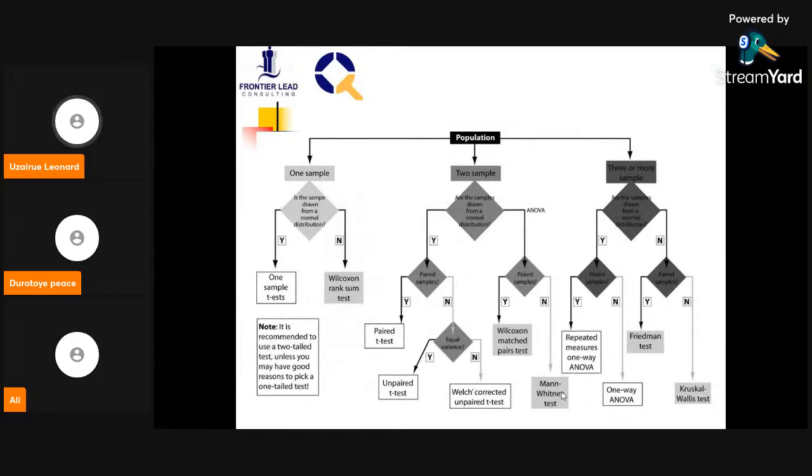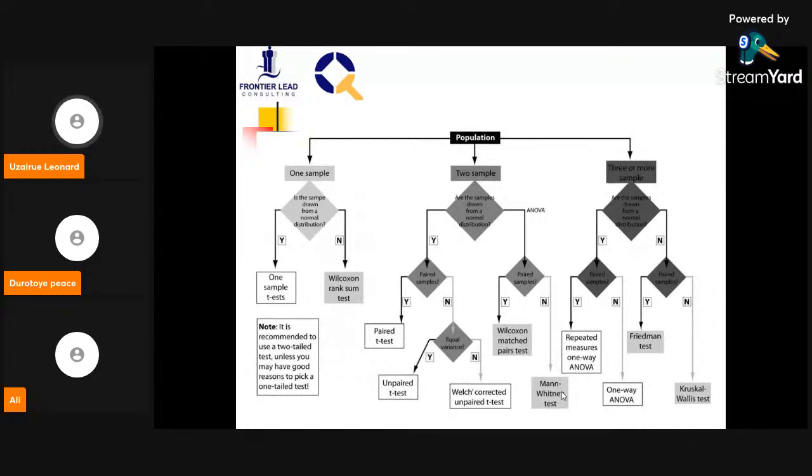But if they are not equal variance, then you run what we refer to as Welch corrected unpaired t-test. So you see all of that in the table. Then if they are not normally distributed, but they are paired, then you run what we refer to as Wilcoxon matched pair test. That is what we refer to as non-parametric.